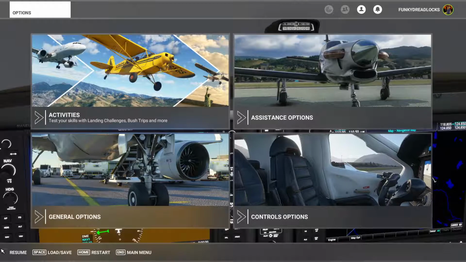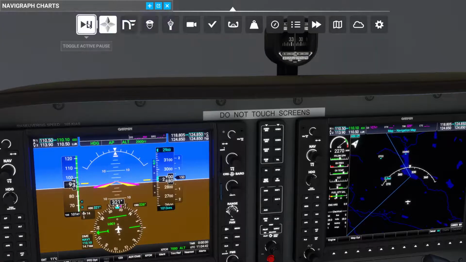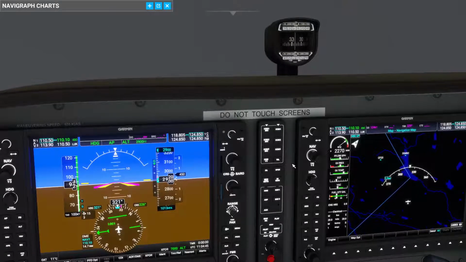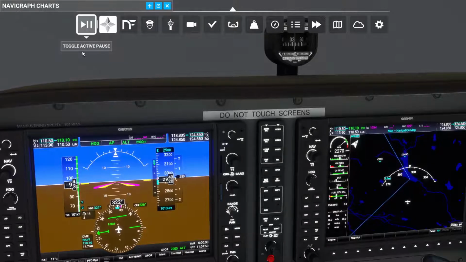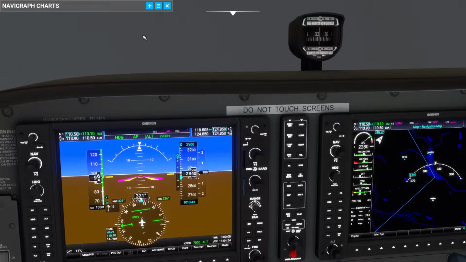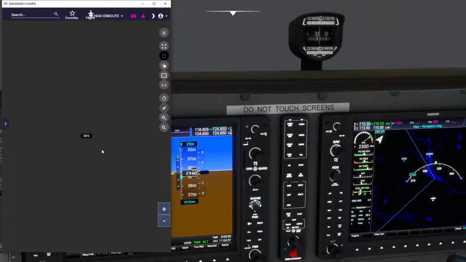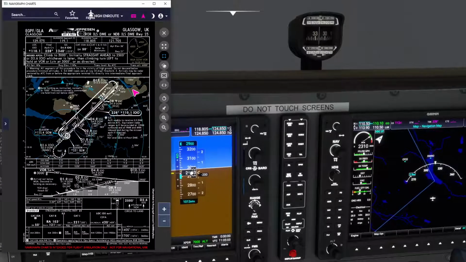All right. So let's demonstrate this a little bit. Question? Okay. So I'm 10 miles out. I'm at a pretty sharp angle here, and my chart has disappeared. Okay, here it is.